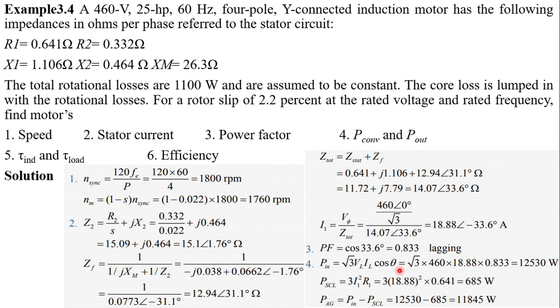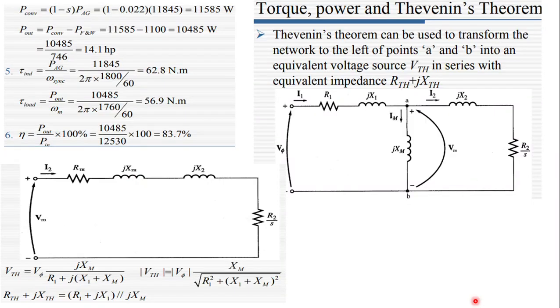Here is stator copper loss, which is equal to 3 times stator current squared times stator resistance, and you can get this value. And here is the air gap power. Air gap power is input power minus stator copper loss, which is equal to 11,845 watt.